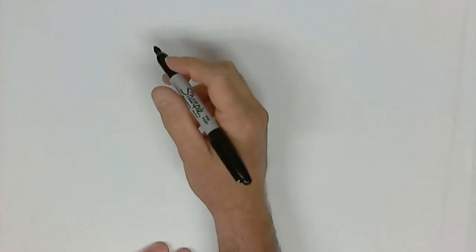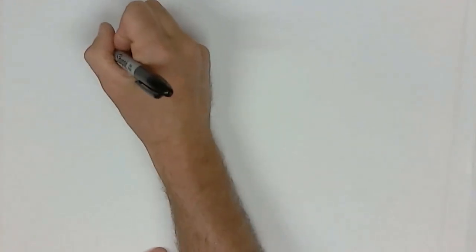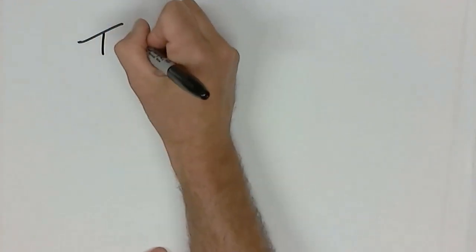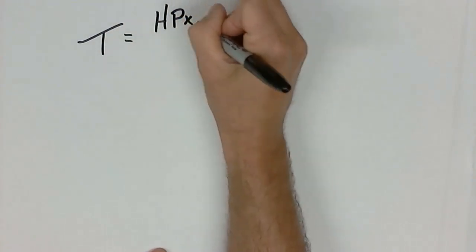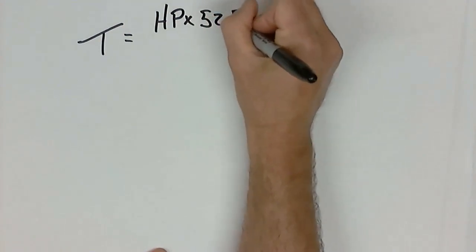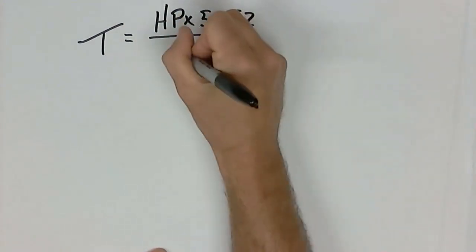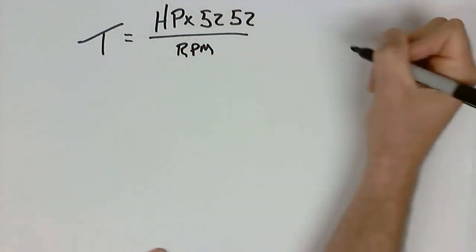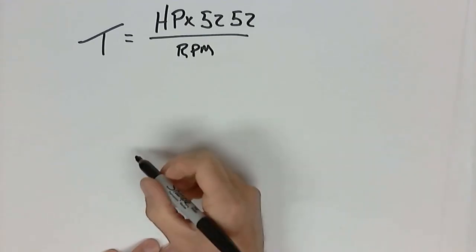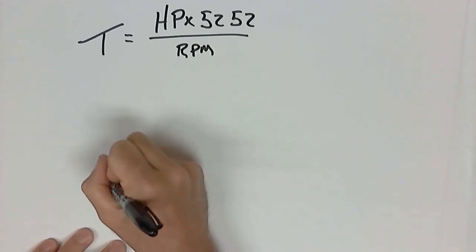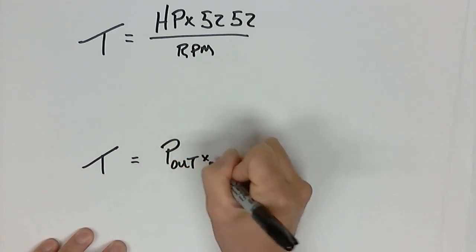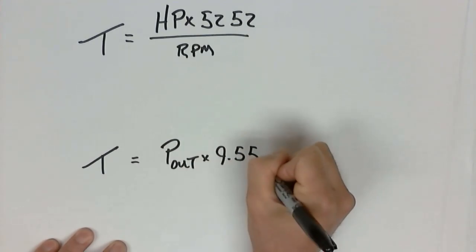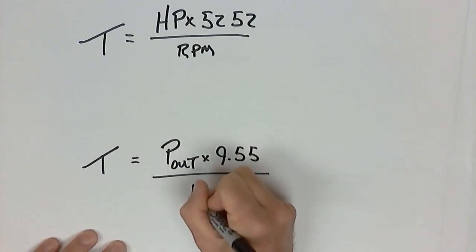If you're in Canada, unfortunately, we have to learn them both because we live beside the States and it's highly irritating. So we have T is equal to HP times 5252, all over RPM. And then we also have this one over here, which is T equal to P out times 9.55 all over RPM.